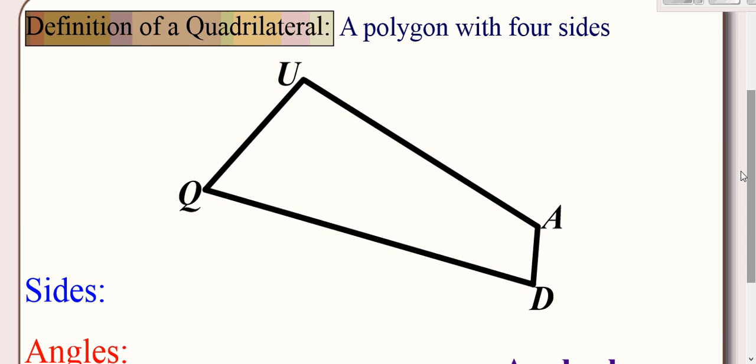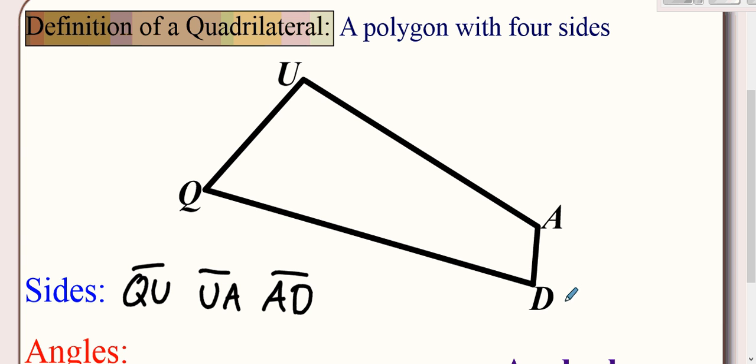So we can name all of the sides. There are four sides. It's got side QU. It's got side UA. It's got side AD. And DQ or QD, whatever way you want to say it.